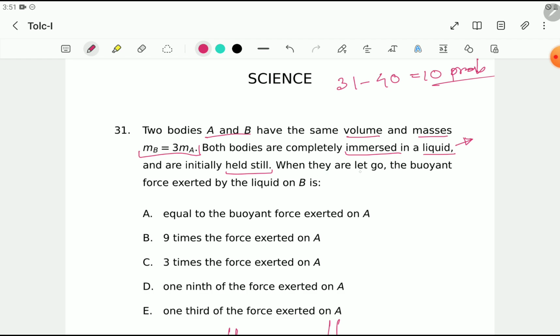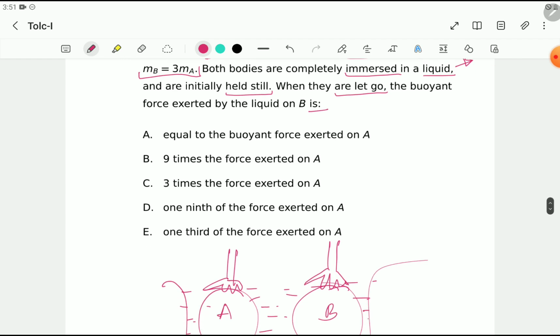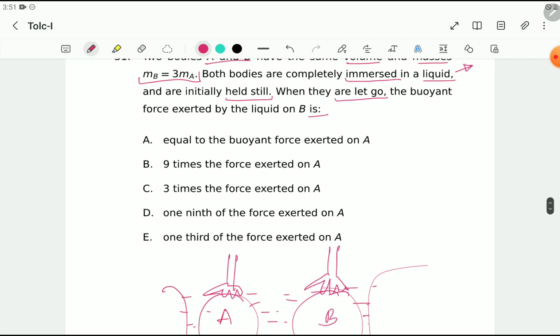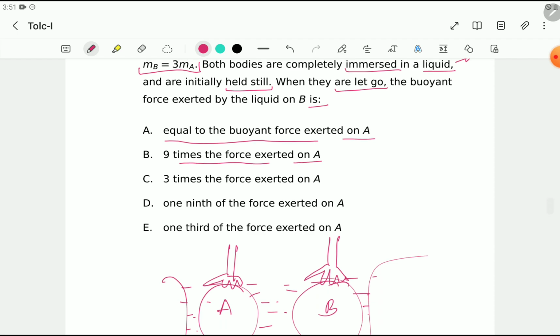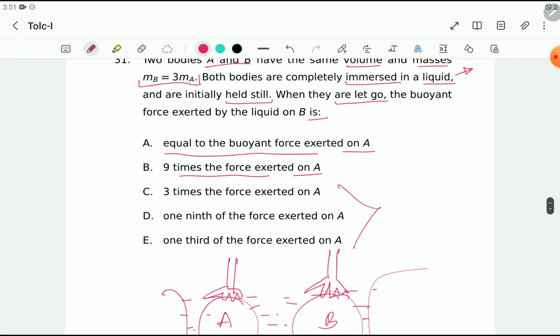When they are let go, the buoyant force exerted by the liquid on B is, we have to find out the relationship, for example, equal to 9 times the buoyant force exerted on A. I'm not reading the rest of the options, you can just read them.